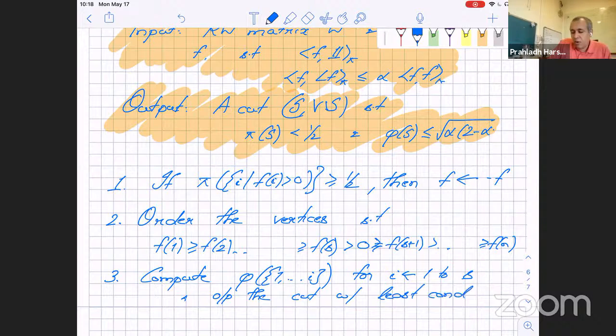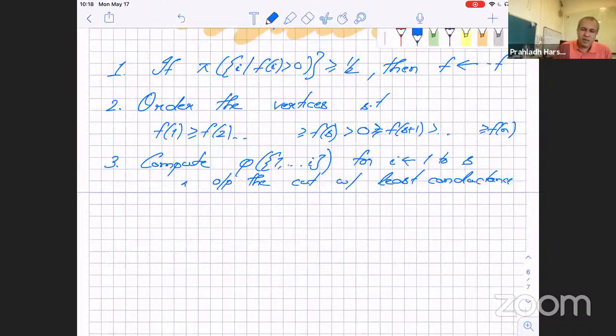So instead of searching over an exponentially large number of cuts, it just searches over these s possible cuts. These are what are called threshold cuts, and one of them is going to give you the minimum. One of them is a candidate small cut. And that's what the proof has already shown to us. Okay. Any questions so far before I do some concluding remarks on the Cheeger inequalities?